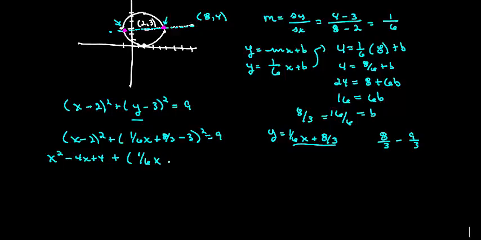So this is 1/6 x minus 1/3, squared is equal to 9. Now I've got to go ahead and FOIL this guy out. And that's going to be a mess. But one thing that I can do is x squared minus 4x plus 4 plus.